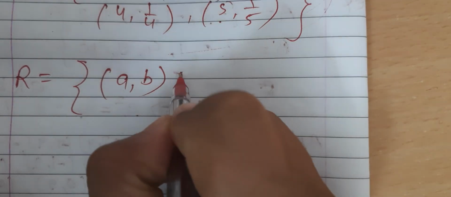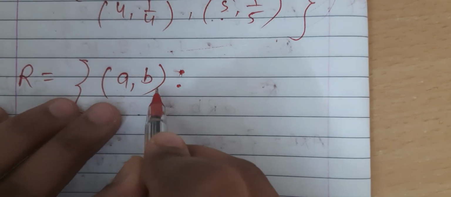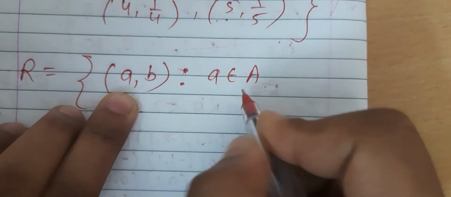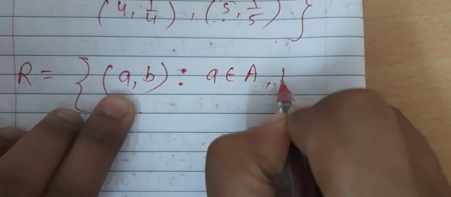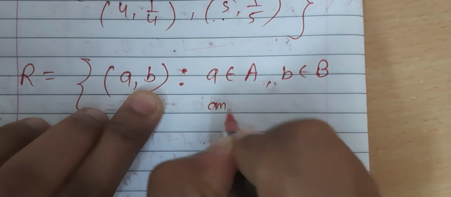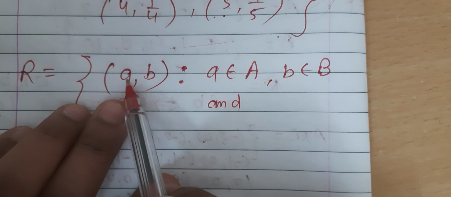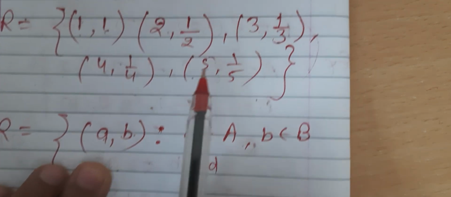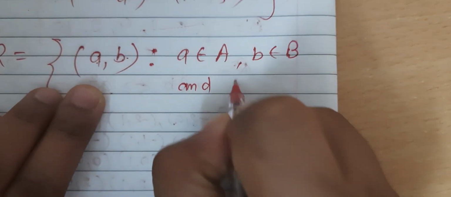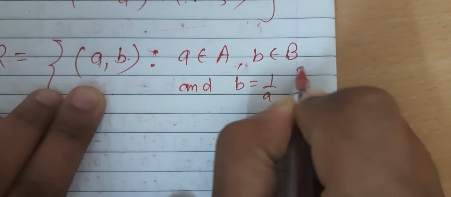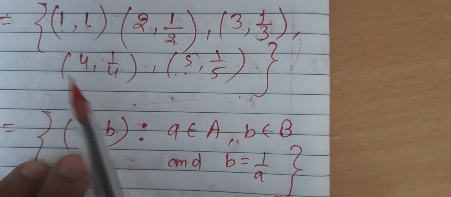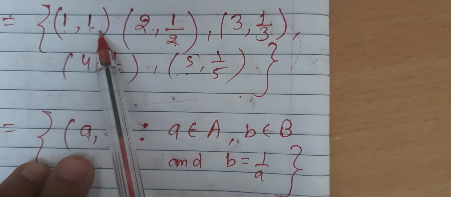So we'll write A comma B such that all the first elements belong to set A and all the second elements belong to set B, and there is a relation between A and B, that B is a reciprocal of A. It means B is equal to 1 by A. If A is 1, then B is 1 by 1.